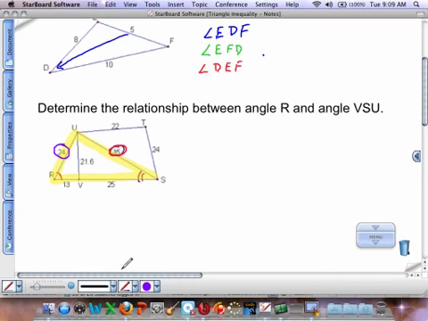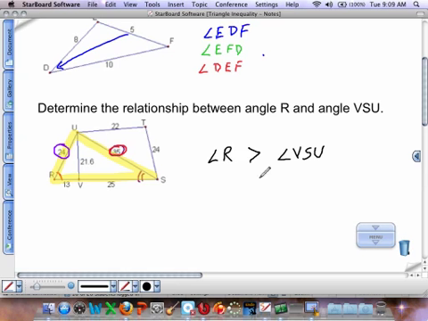So how does angle R compare to angle VSU? Are they the same? Greater than. So angle R is greater than VSU. That's all I'm asking you to do.